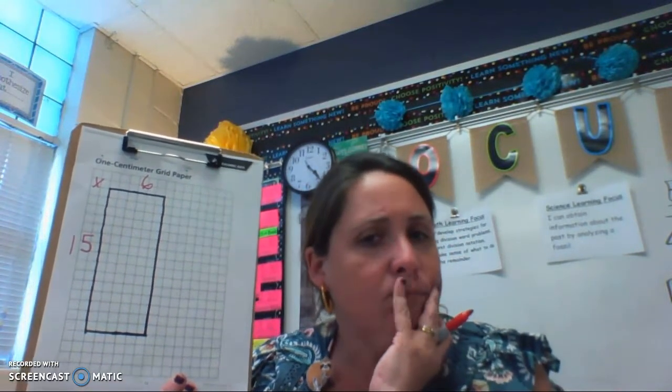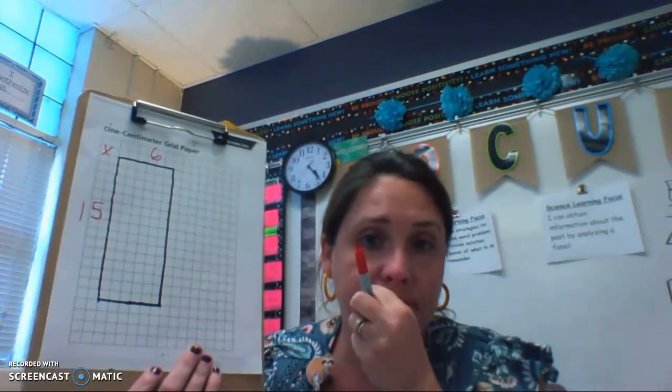How does this array show multiplication? Well, we know with multiplication that we can use an array to solve it, okay? So we can use rows times the columns. So that can show multiplication. It can also show the dimensions of this rectangle.